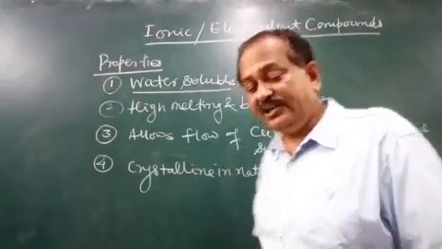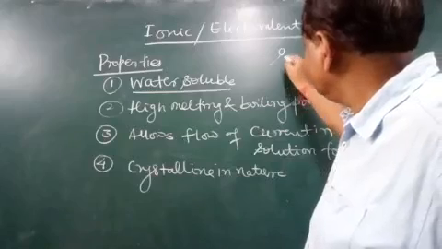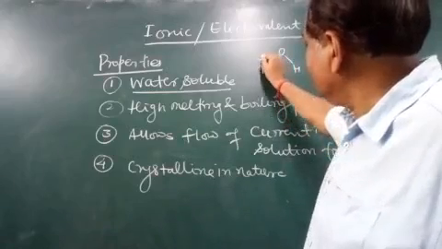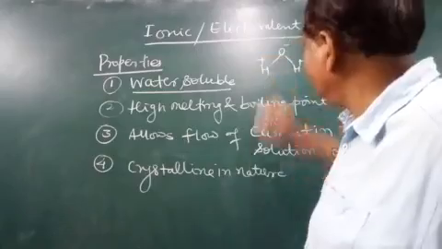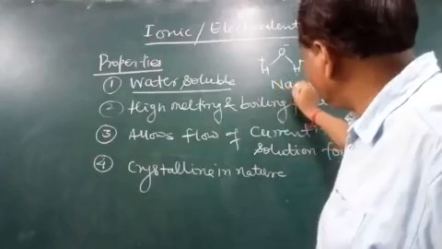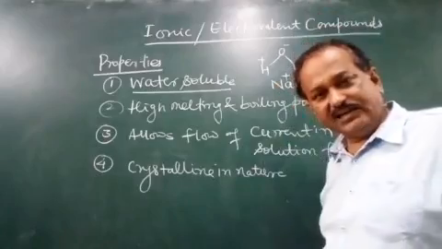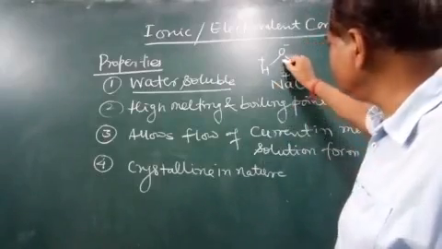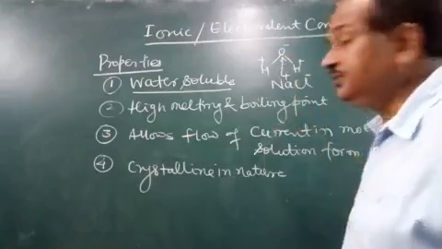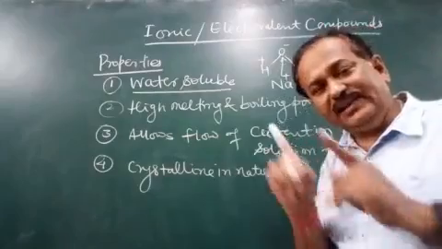Water is polar means water has two poles. Hydrogen has a positive charge, oxygen has a negative charge. Similarly in NaCl, sodium is positive and chloride is negative. So this sodium is attracted toward the oxygen. This happens in all ionic compounds. Dissolution takes place in this manner.